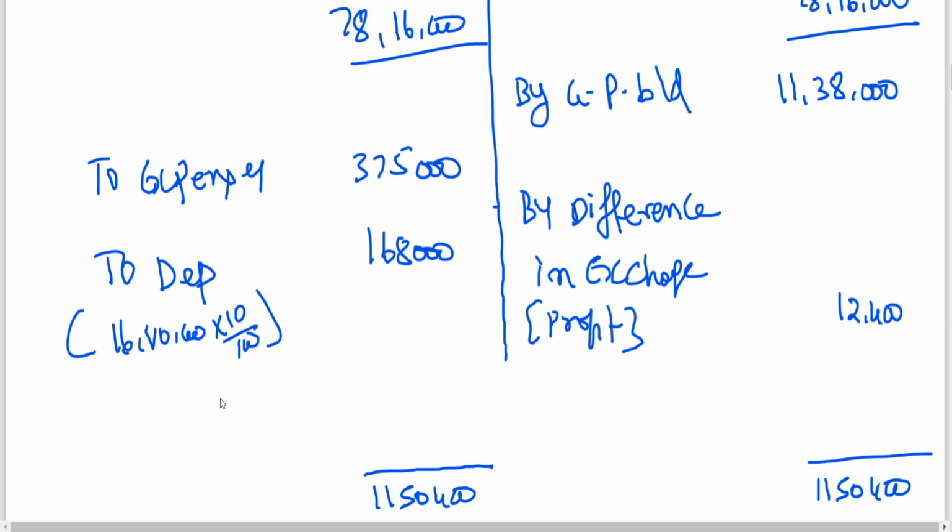Eleven lakh 38,000 plus 12,400 is 11 lakh 50,400, minus 3 lakh 75,000, minus 1,68,000. We are getting a profit of 6 lakhs 7,400. Net profit carried on.